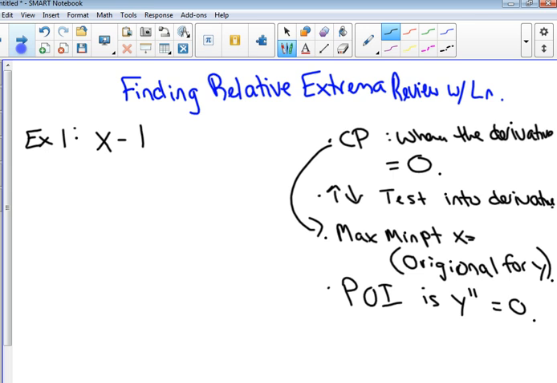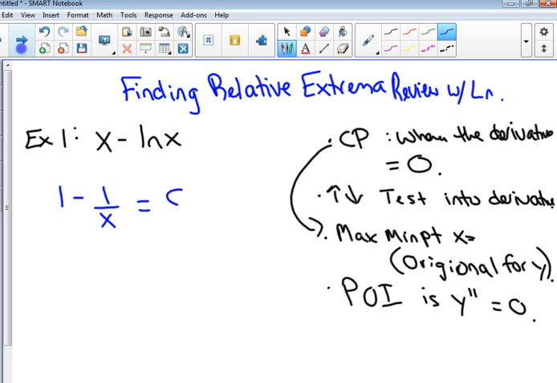x minus ln x. Here we go. If they say find the extrema, find min, max, or increasing, decreasing, first thing I would do is find your critical point. So we need to figure out where the derivative equals 0. What will make the derivative equal to 0? So what's the derivative here? 1 minus 1 over x. Perfect.